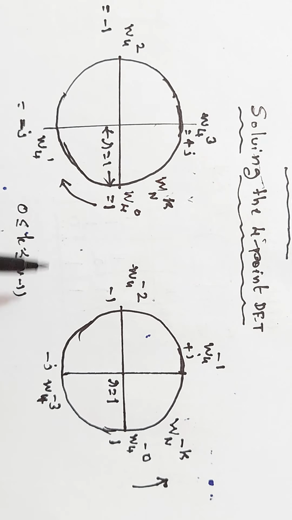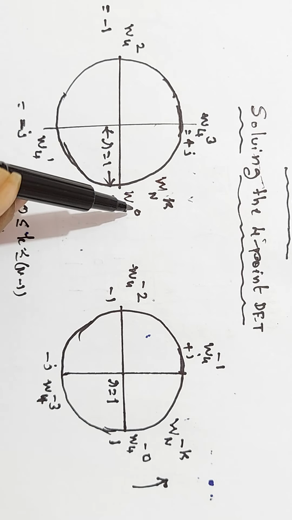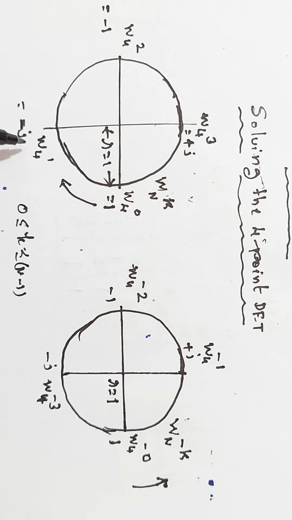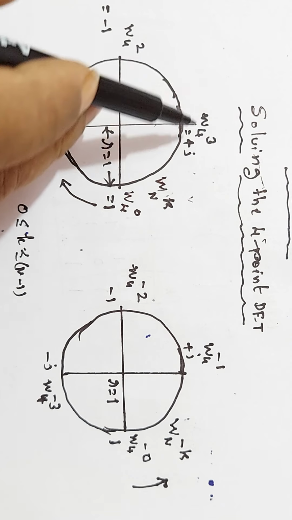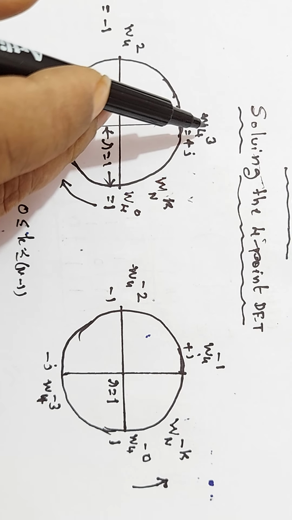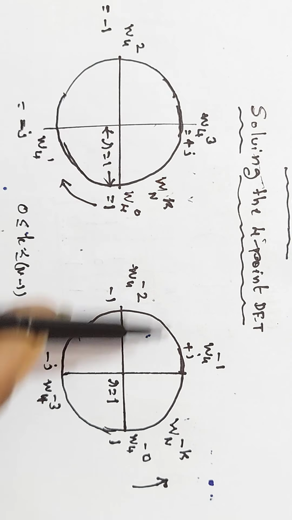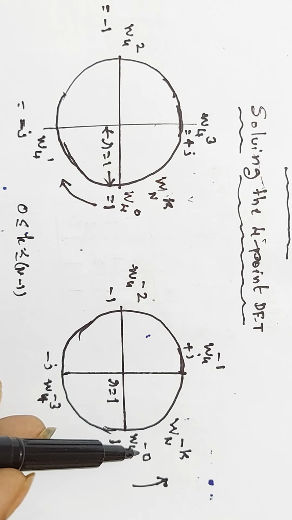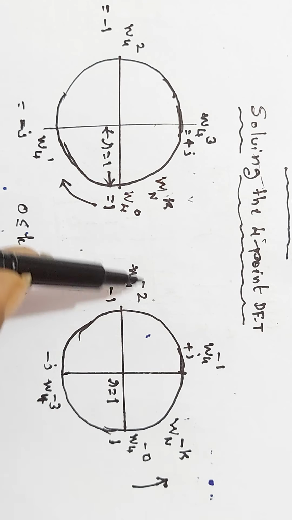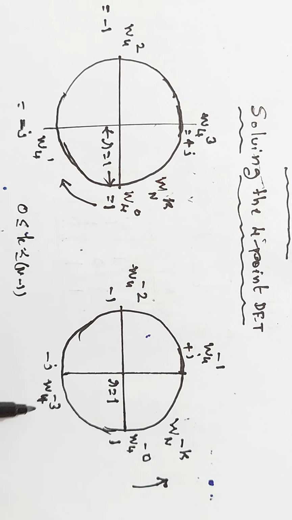The negative DFT points are represented in the anti-clockwise direction. And we have already proved the values of W_4^0, W_4^1, W_4^2 and W_4^3. Similarly, we can solve the values of W_4^(-0), W_4^(-1), W_4^(-2), W_4^(-3).